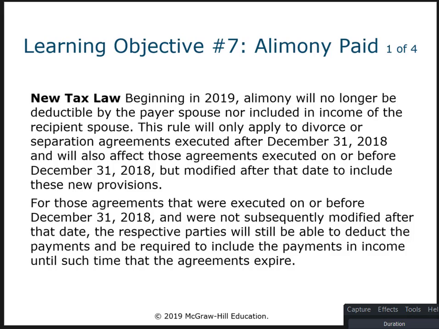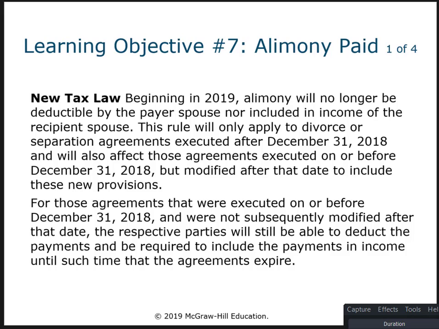Because the law now says that if you have alimony determined after December 31st, 2018, basically 2019 and forward, it isn't deductible for AGI.